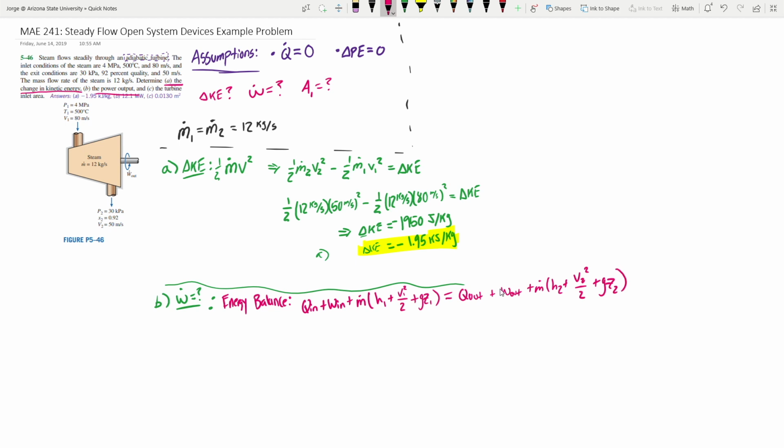All right. And since this is a turbine, we know turbines produce power. So we could say that W in, the work in, is equal to 0. I guess that would be one of our assumptions that we did not include up here.